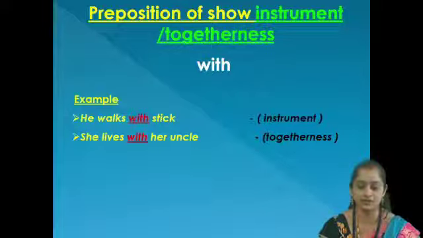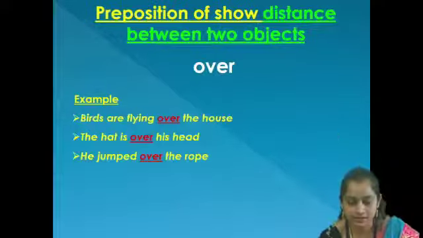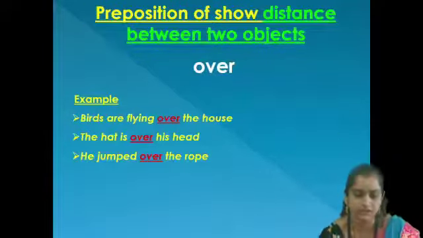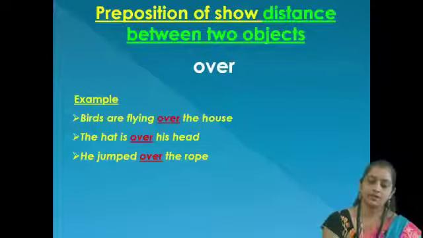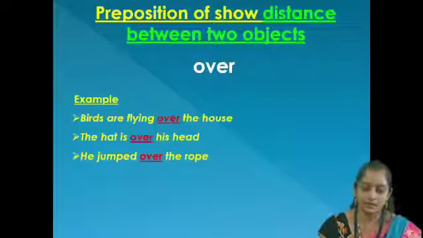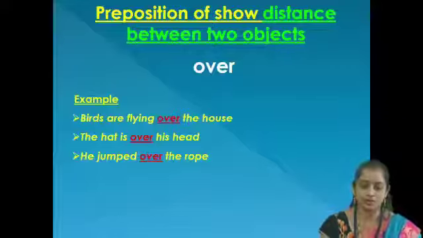She lives with her uncle. Here, the preposition is with and it indicates togetherness. And next one is preposition showing distance between two objects. For example, birds are flying over the house.